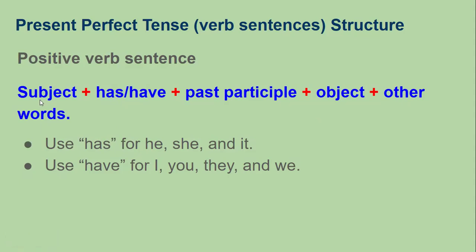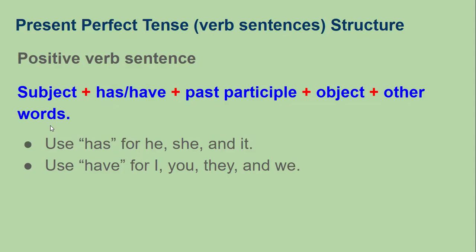For example, I can give you an example sentence of this structure. I can say, I have eaten breakfast with my family. Okay? I, subject, have, because the subject is I, eaten, the third form of it, breakfast, the object, with my family, other words.